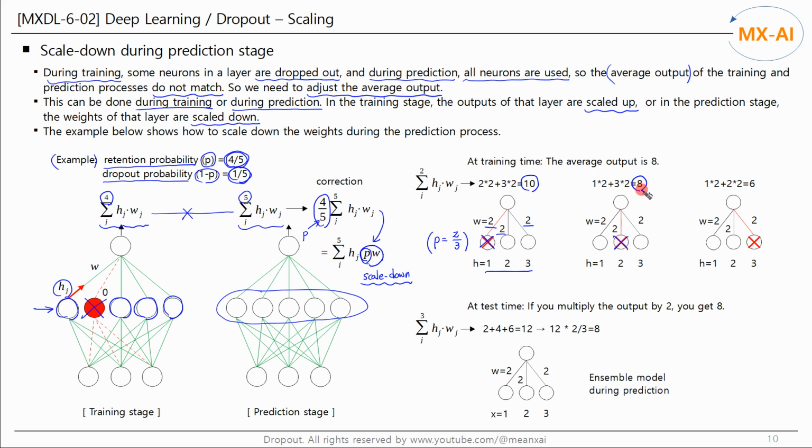The output of the third model is 6. Then the average output is 8. Now let's calculate the output of this neural network during prediction. The prediction process uses an ensemble model that uses all neurons. If we calculate the output of this model using the equation on the left, we get 8. This is consistent with the average output of the subnetworks above.